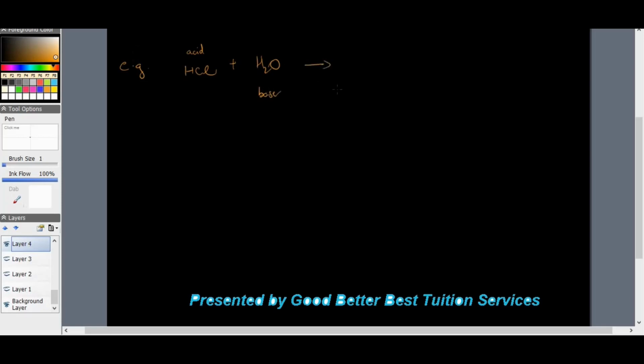Because in the products that form, the hydrogen proton is going to be donated to water to form H3O+ and Cl-. So water here acts as a base in this reaction.